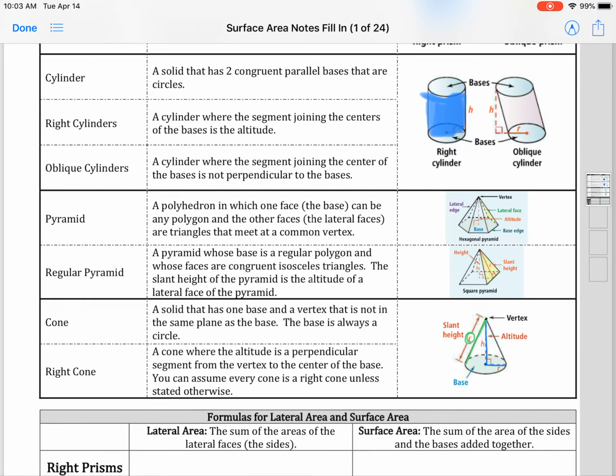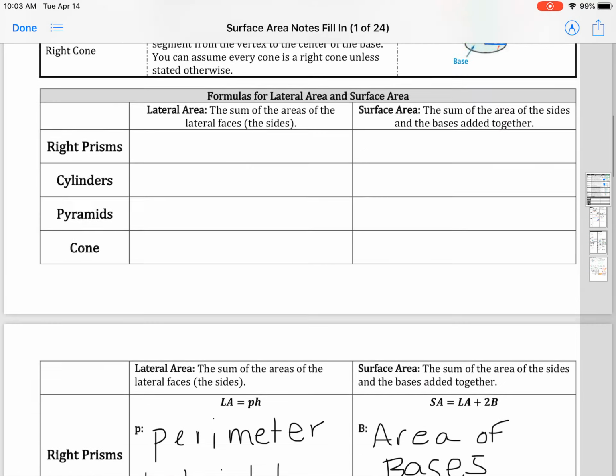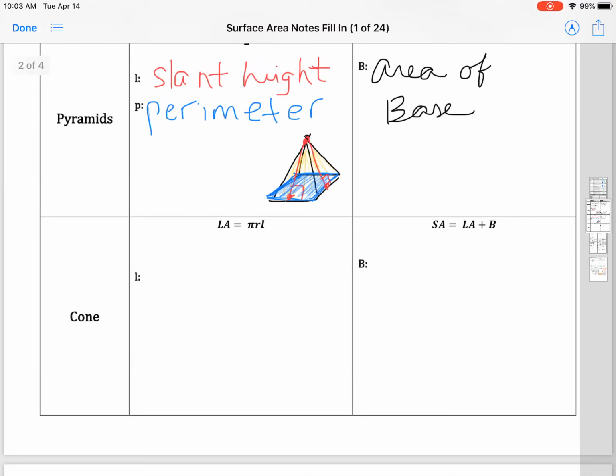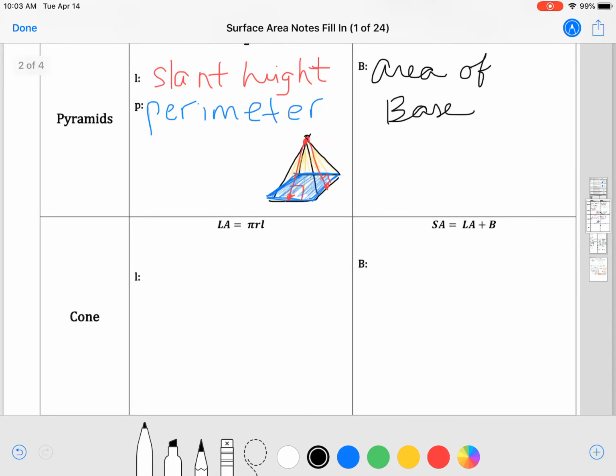So let's talk about the area formula for that one. So let's scroll down. I have it nicely written for you. Again, okay, my cone, I'm going to draw a picture of him right here. When I talk about the L, yet again, I want to talk about slant height.